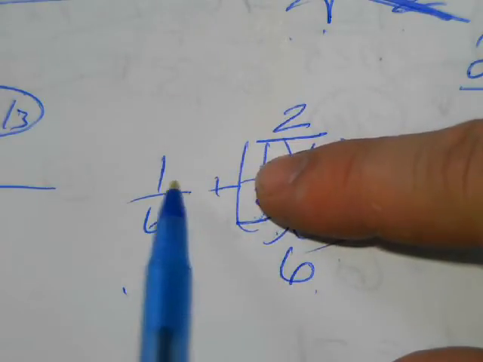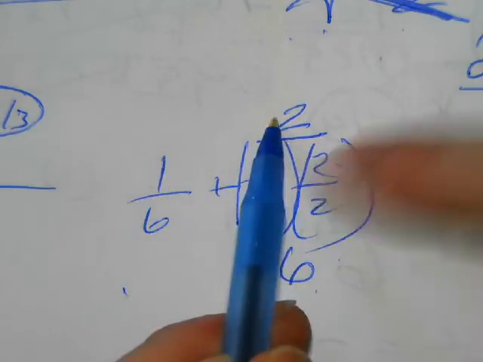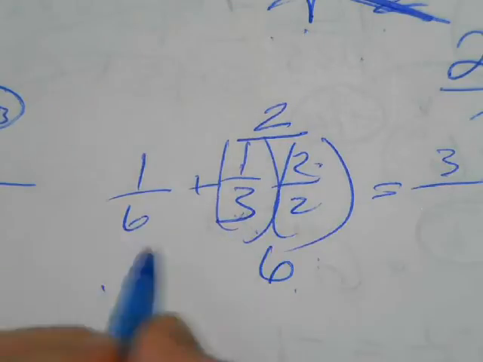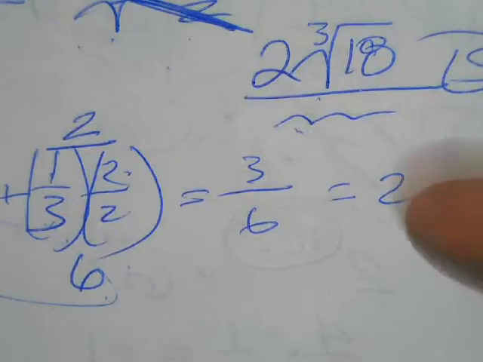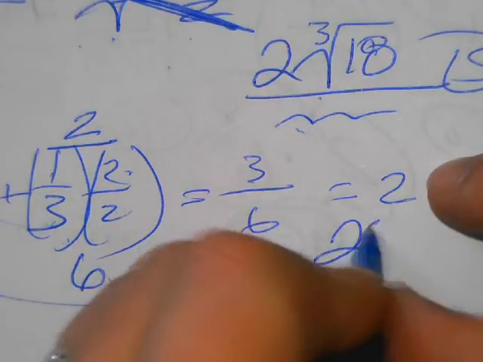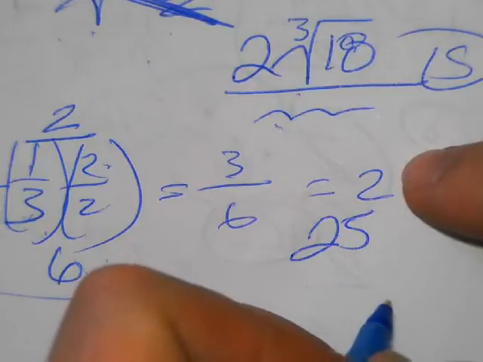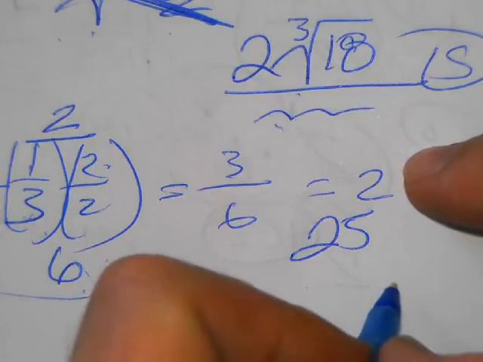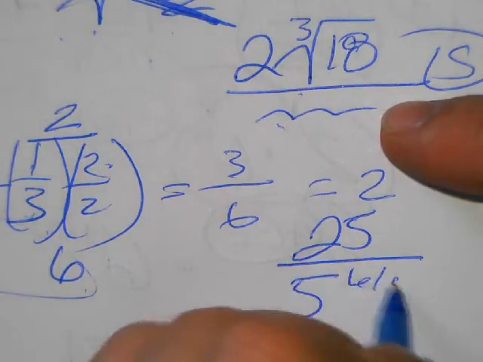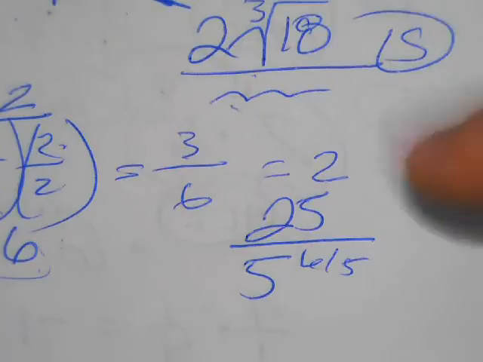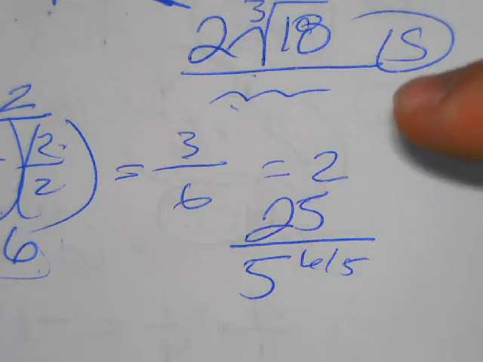Now I can go ahead and add 1 plus 2 is 3, and my denominator stays the same. 3/6 happens to equal 1/2. So that's my exponent, and remember my base was 25, and that's my numerator, 25 to the exponent of 1/2. On the bottom, I've got 5 to the 6/5 still. Now would be an excellent time to get like bases, because I want to subtract these two exponents.